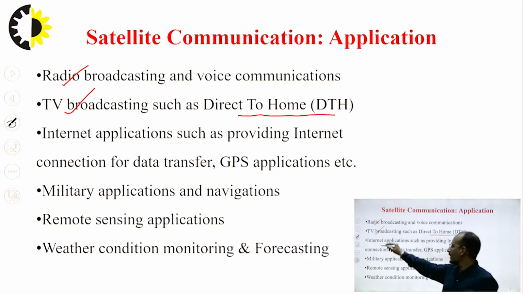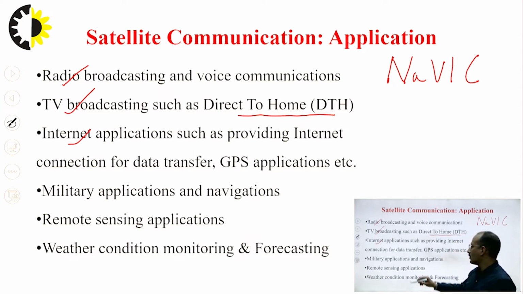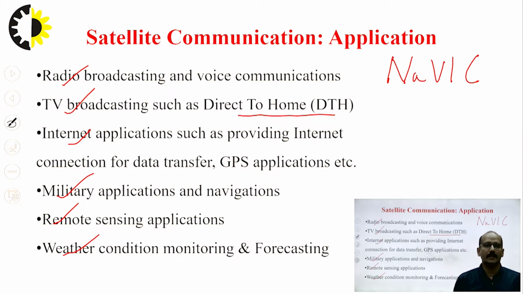Then internet applications, such as providing internet connection for data transfer. Also GPS applications, and I told you earlier about NavIC, that is Navigation for Indian Constellation, our Indian GPS system. Also military applications and navigation, remote sensing applications, and weather condition monitoring and forecasting.